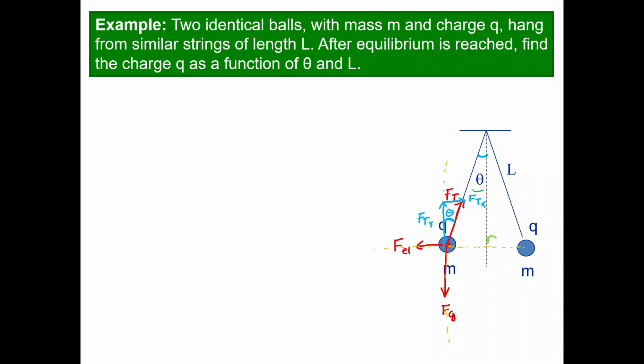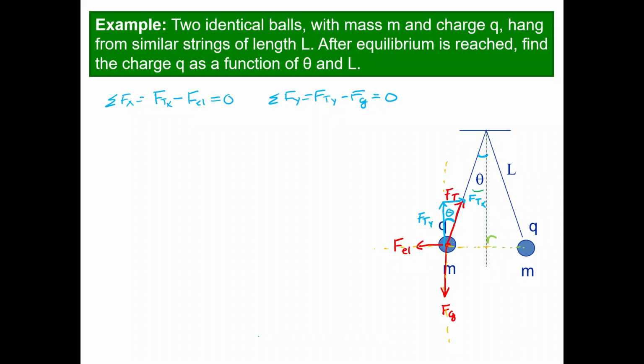And in order for this to be in equilibrium, I can see that in the x direction, my net force in the positive x direction is going to be FTX. And in the negative x direction, it's going to be my electric force. And that has to add up to 0. In the y direction, my net force is going to be FTY going up minus FG coming down, and that has to equal 0.